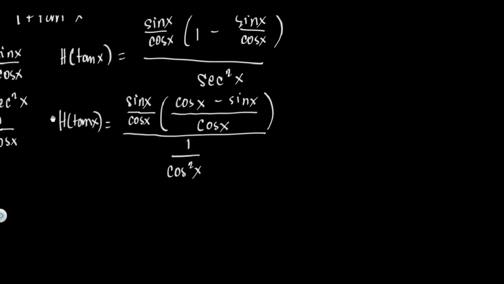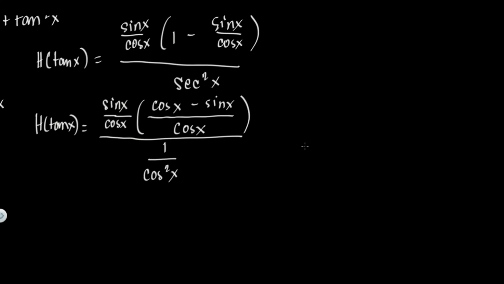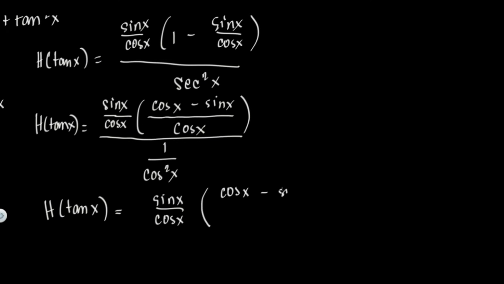So, tuloy natin here. So, we have here that h of tangent x is now equal to sine x cosine x times the quantity cosine x minus sine x all over cosine x.